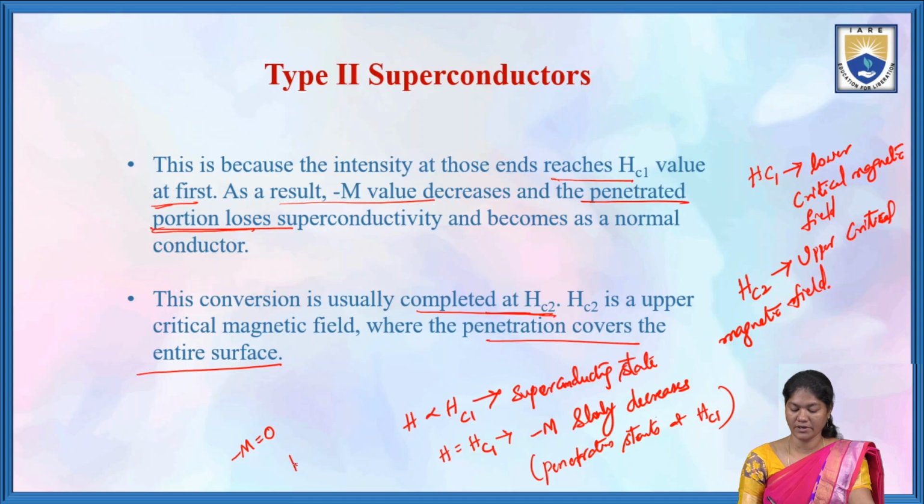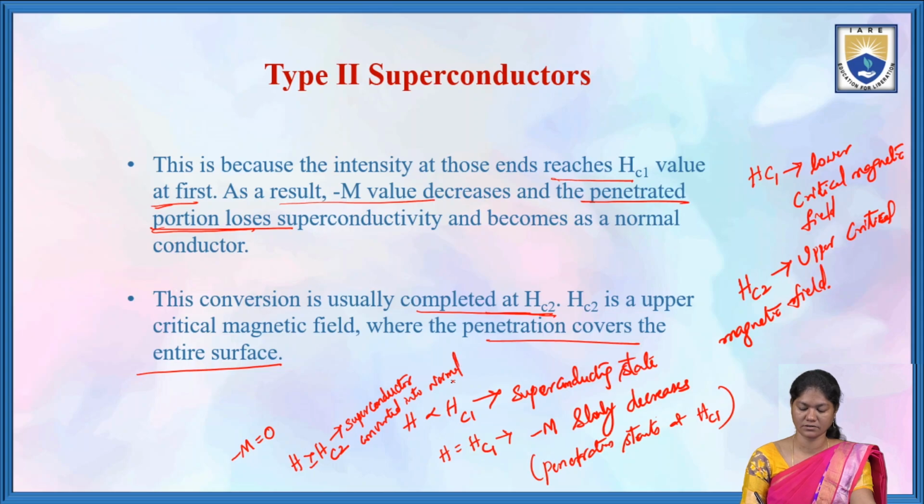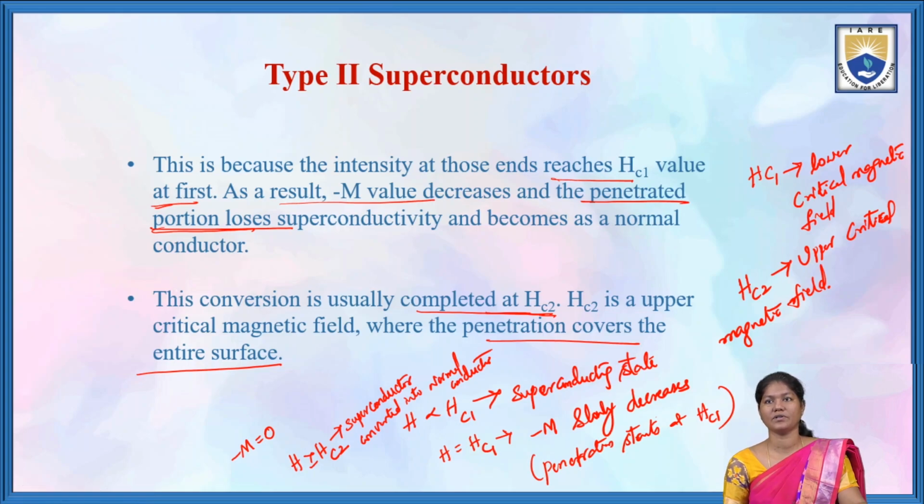So when the applied magnetic field H is greater than or equal to HC2, the superconductor is completely converted into a normal conductor, so that the penetrated portion loses superconductivity and becomes a normal conductor.